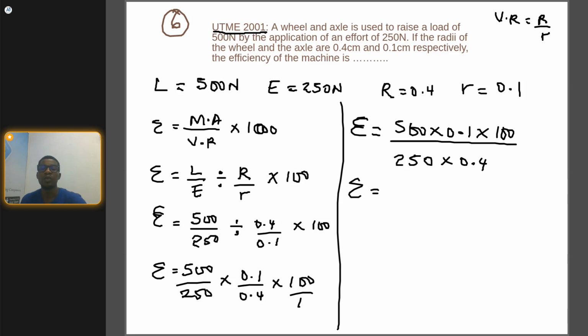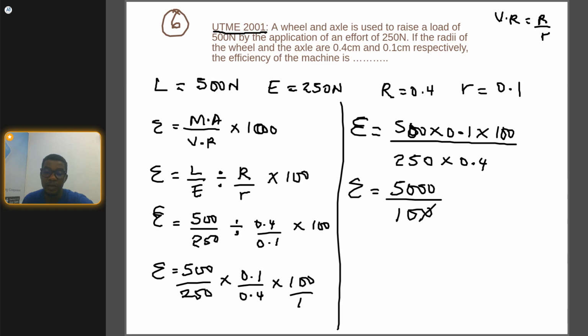Multiplying 500 by 0.1 by 100, we have 5,000 divided by 250 multiplied by 0.4, that is 100.